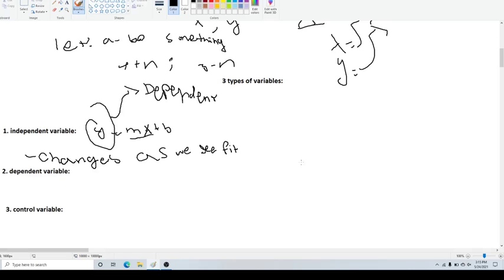Meaning in every single case in algebra, and even in physical sciences when we're doing experiments, there has to be an independent variable to have a dependent variable. So a dependent variable pretty much just relies on the independent variable.